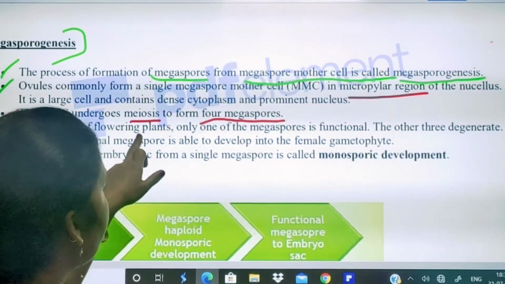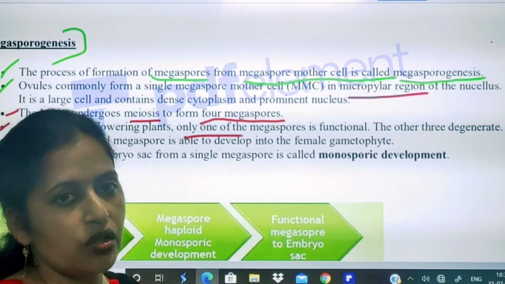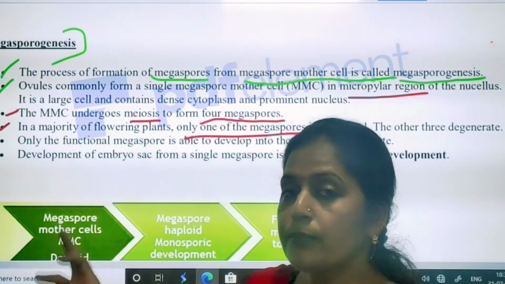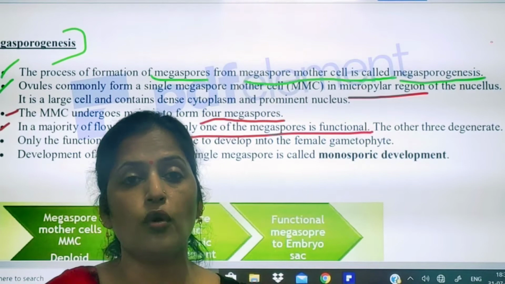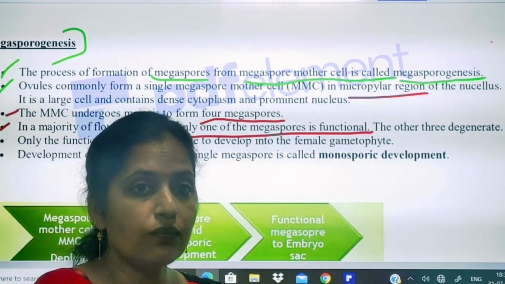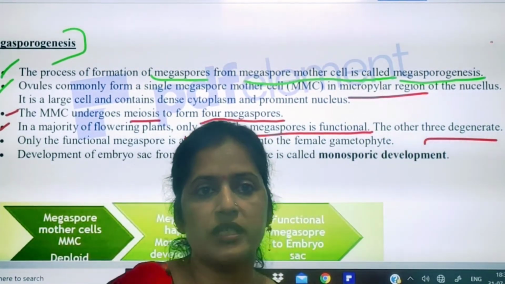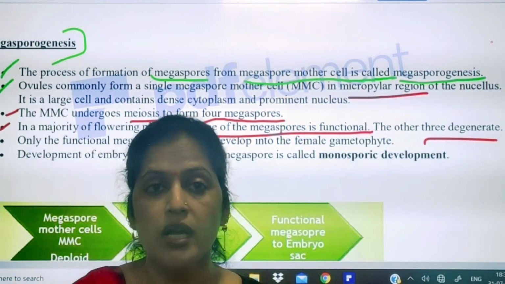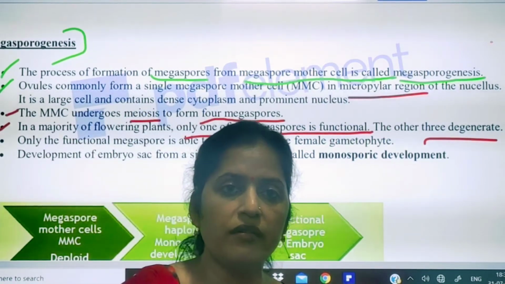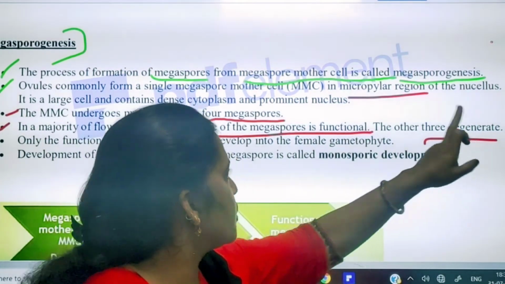In a majority of flowering plants, only one of the megaspores is functional. The other 3 degenerate. So out of the 4 megaspores, only 1 megaspore is functional, and the rest 3 degenerate.